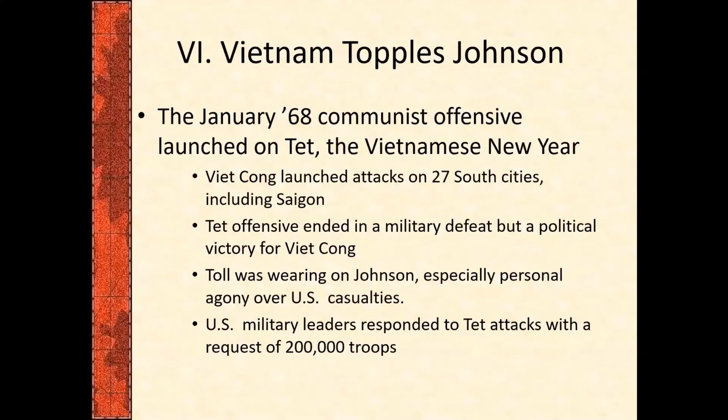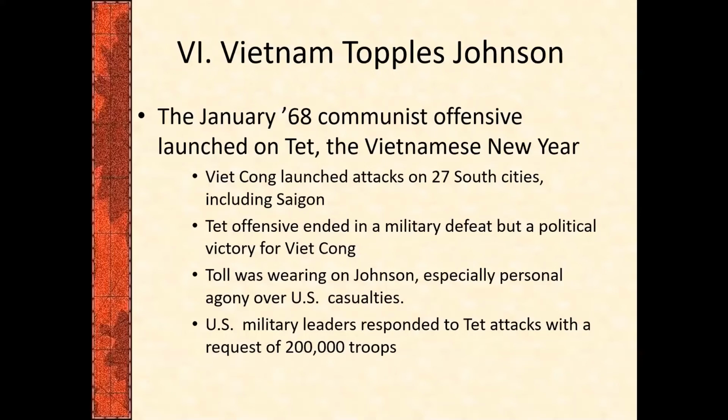And so what this shows is if the enemy truly is retreating and is in a position of weakness, they would not be able to launch a coordinated attack like this. Ultimately, U.S. forces and South Vietnamese forces do defeat the Viet Cong in this attack, but it's a political victory for the Viet Cong because it shows that they are nowhere near being done with the conflict.